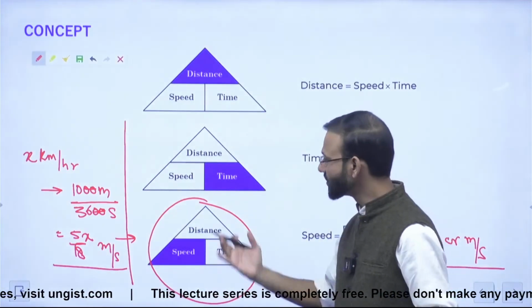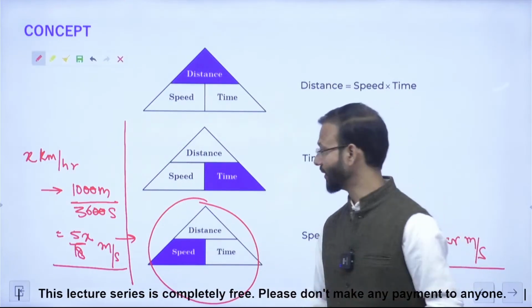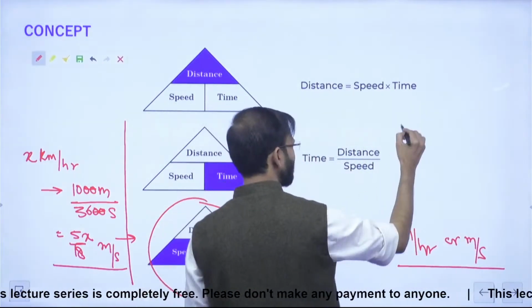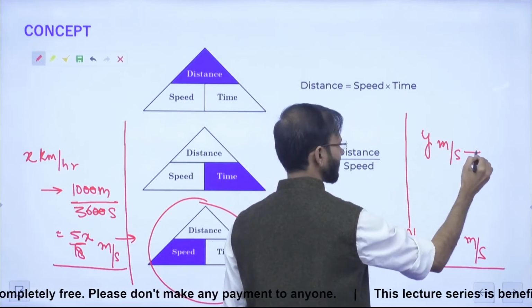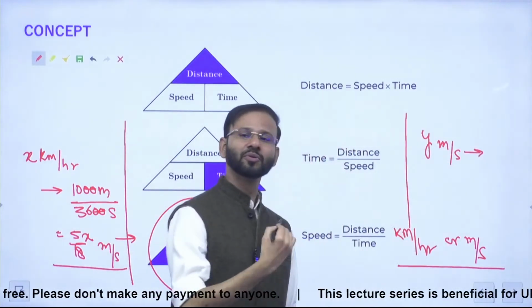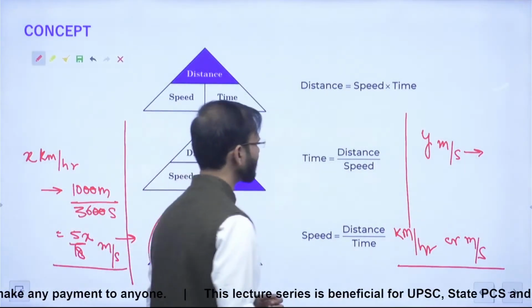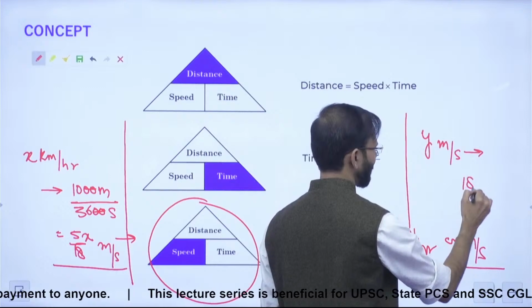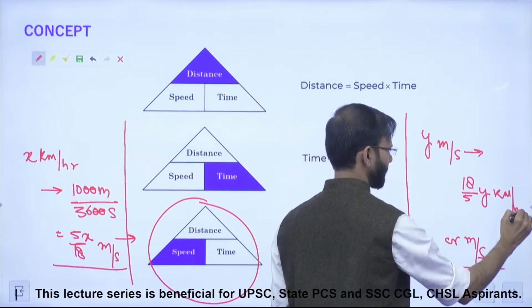And vice versa, if it is y meter per second, then the conversion will be what? 18/5. So this is 18/5 y kilometer per hour.